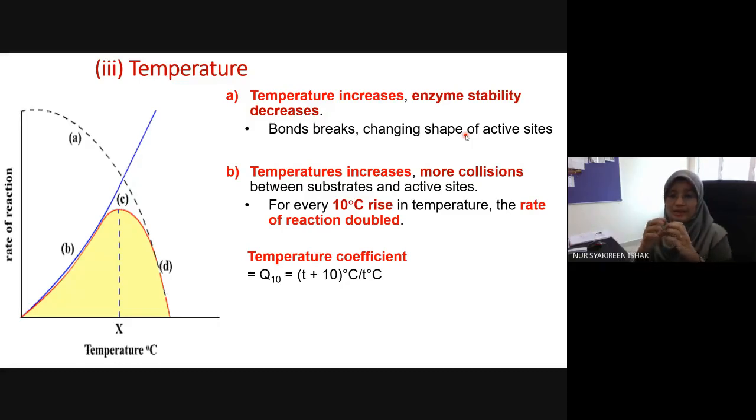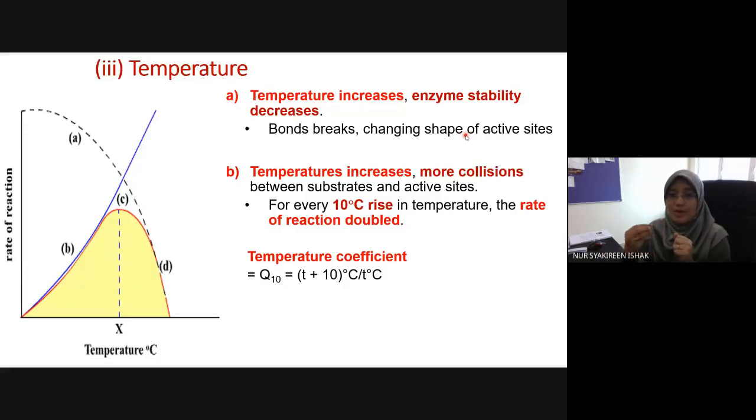So what are the interactions involved? It involves four or five different interactions. You have the hydrogen bonds, which are weak bonds, and then you have ionic bonds, disulfide bridges, hydrophobic interaction, and van der Waals interaction. These bonds hold the protein or the enzyme in a specific shape.